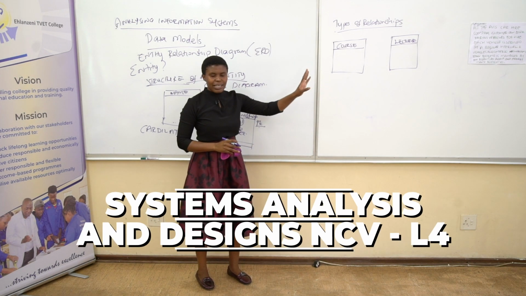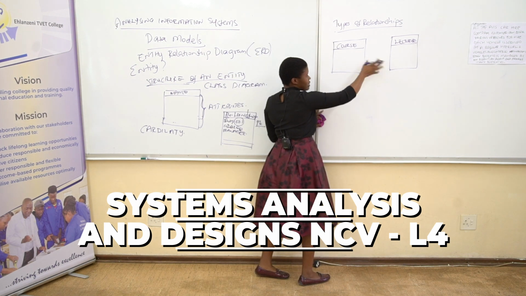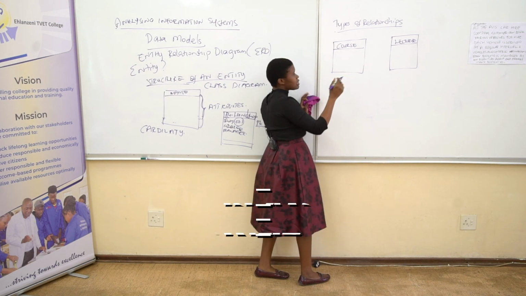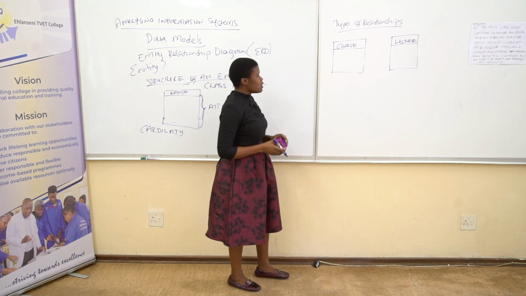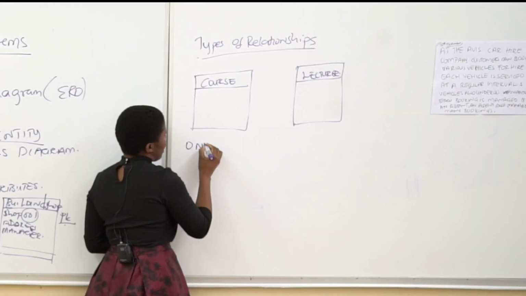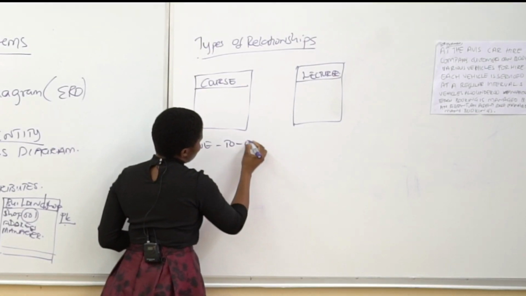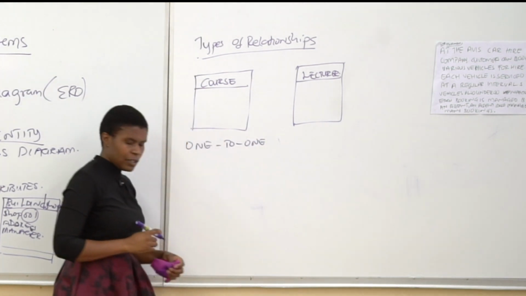But these two will have to be related. So we are going to use these two entities as examples to explain the types of relationships that we have. The relationships presented by entities include what we call a one-to-one relationship.